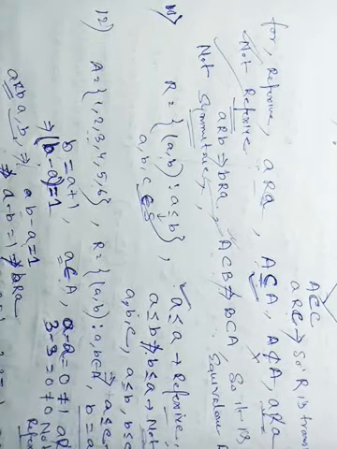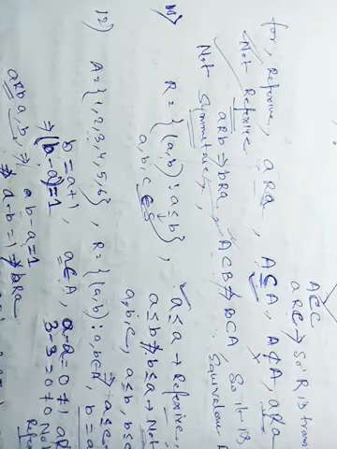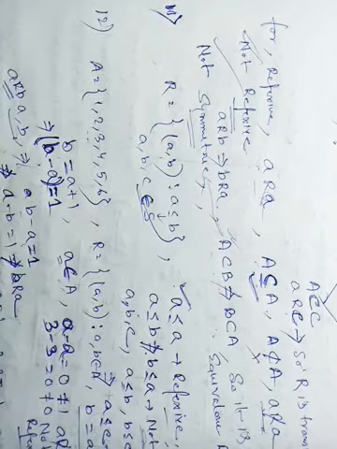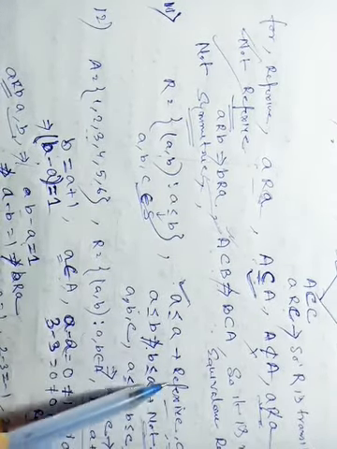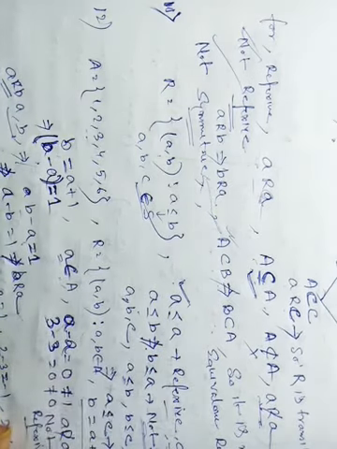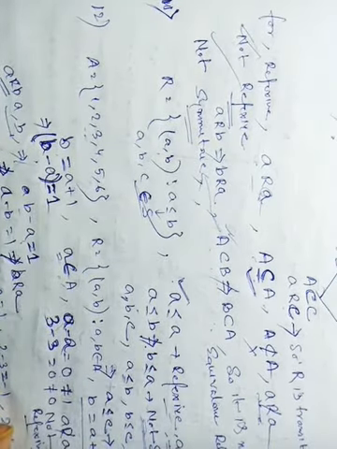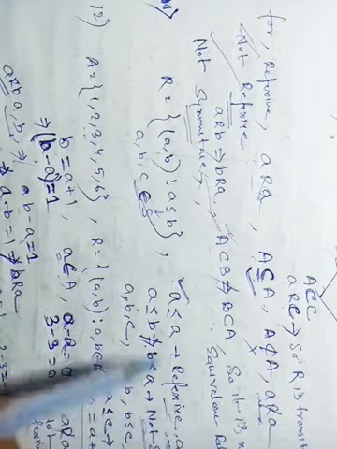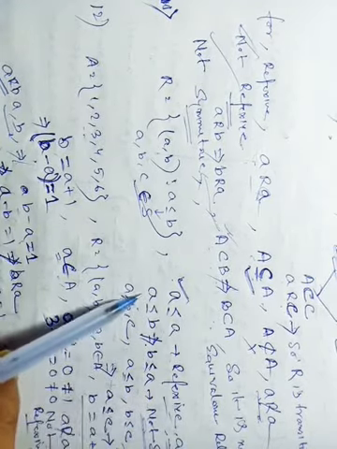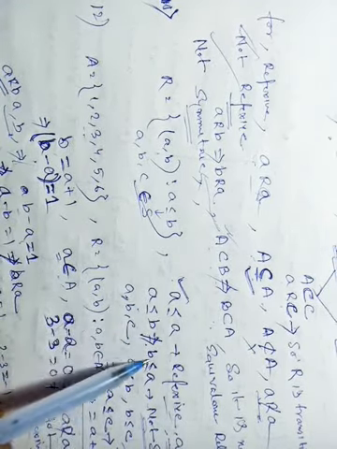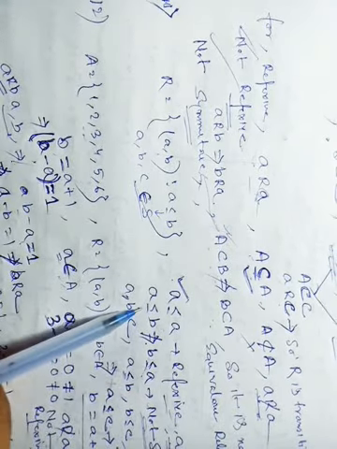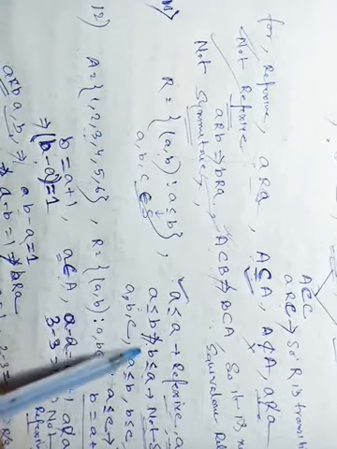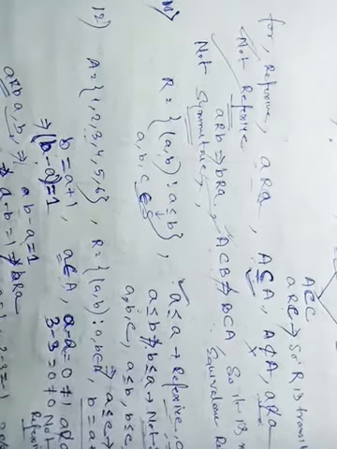Now here A is less than or equal to A. So that implies the reflexive relation, that is A is related to A. Now for symmetric, A less than or equal to B doesn't imply B is less than or equal to A. That means A related to B doesn't imply B related to A. So it is not symmetric.